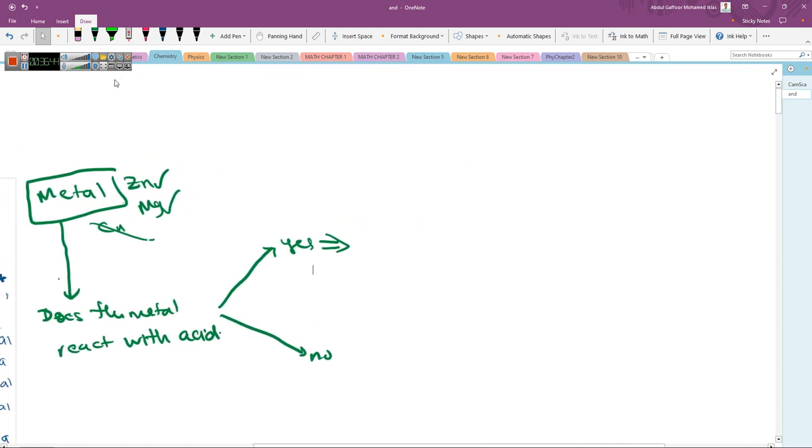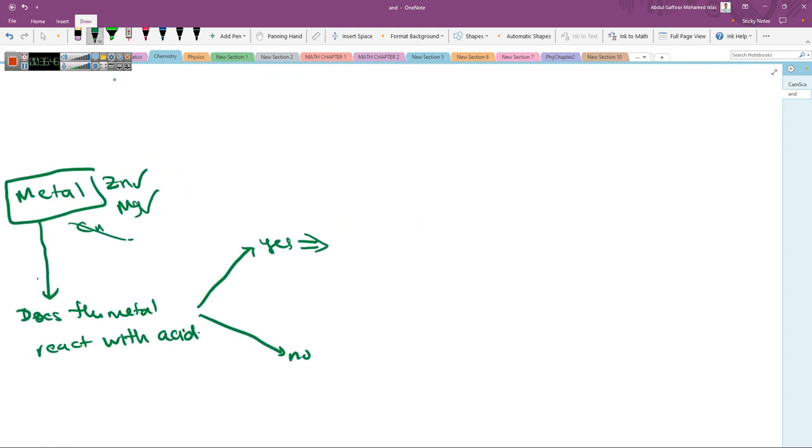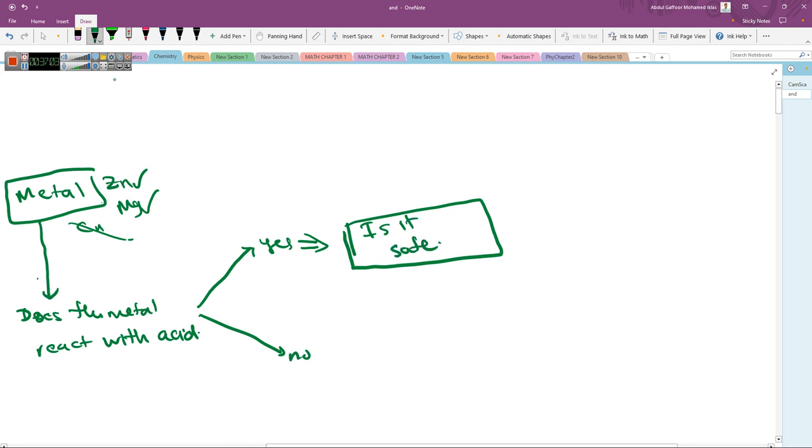What are they? If the metal is very reactive, practically we cannot do it in the laboratory because the entire laboratory might explode sometimes. So we ask whether this is safe or not. Is the reaction vigorous or moderate?